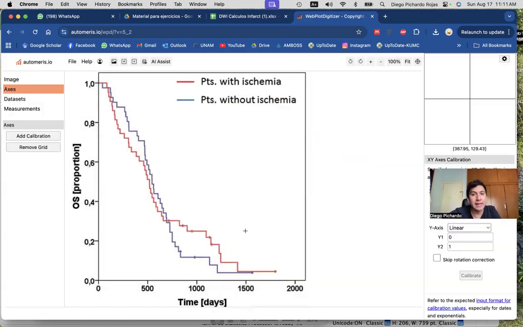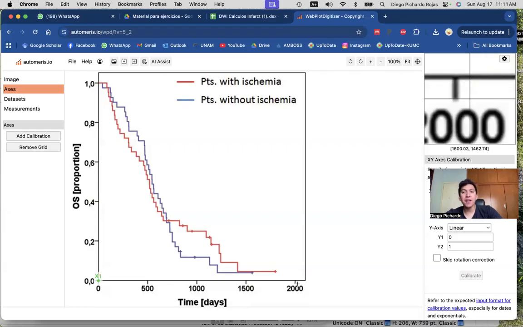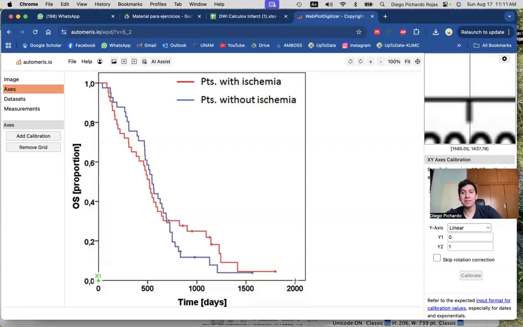So let's calibrate it. To start this process, we have to calibrate it, all right? So it's gonna ask us, okay, first, mark your X on the X-axis. What we're measuring, all right? So we're measuring days. Here's the beginning, here's a 0, and here's the longest point in our graph, which is 2000, all right?